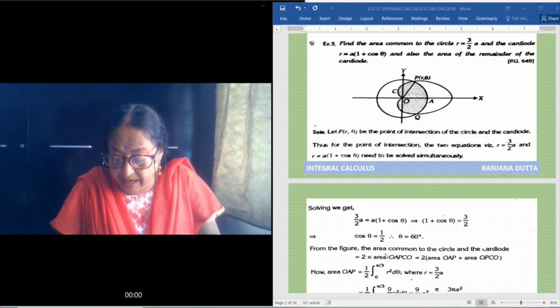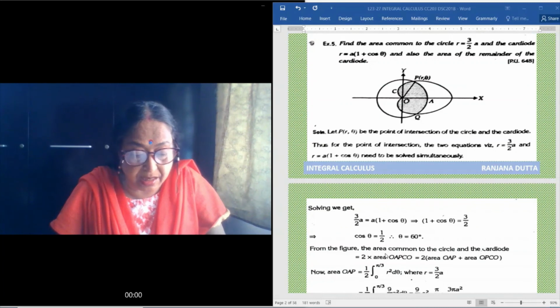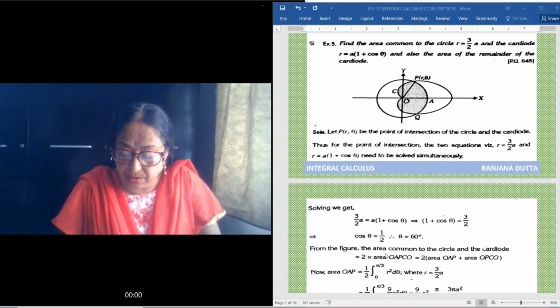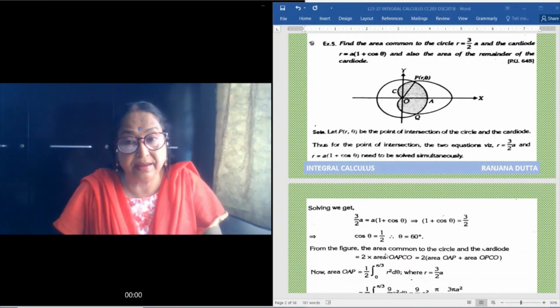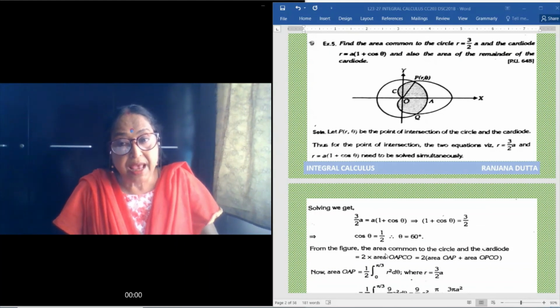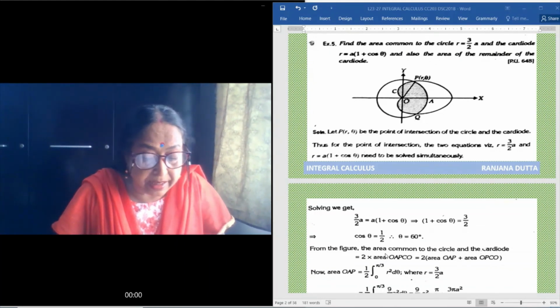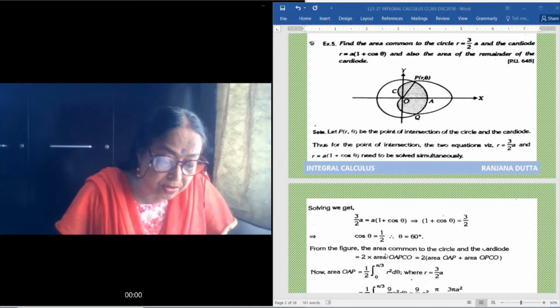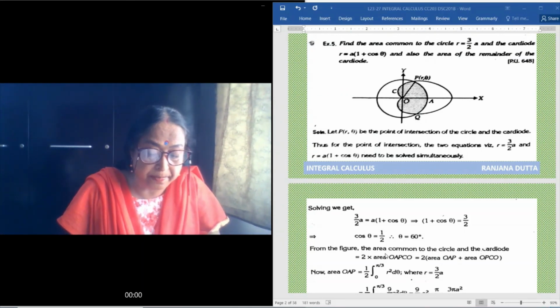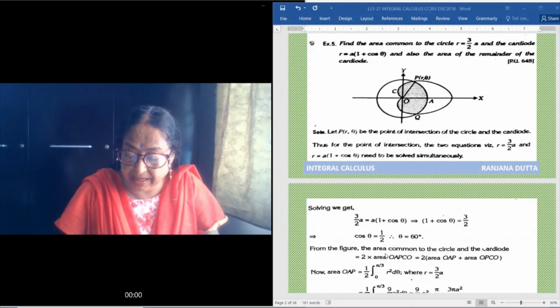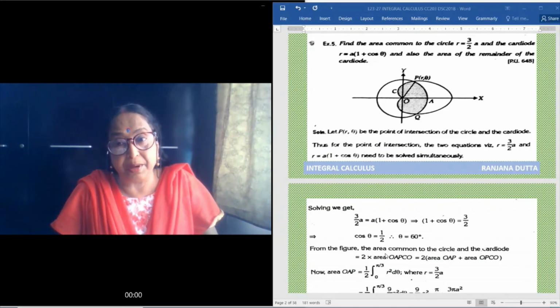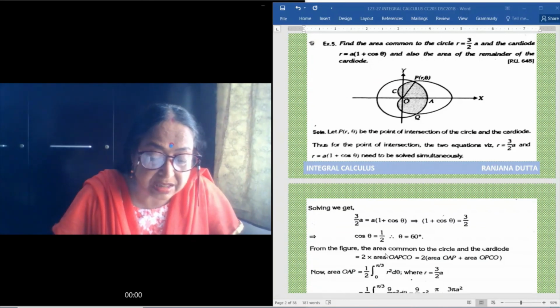Now the area of OPCO, that is also half r square d theta in polar form, and r square for this is a square into 1 plus cos theta the whole square, and the limit for it is up to pi by 3, that is up to 60 degrees.